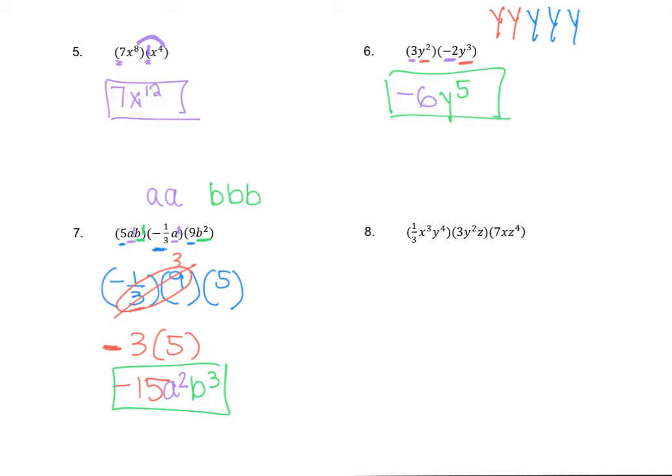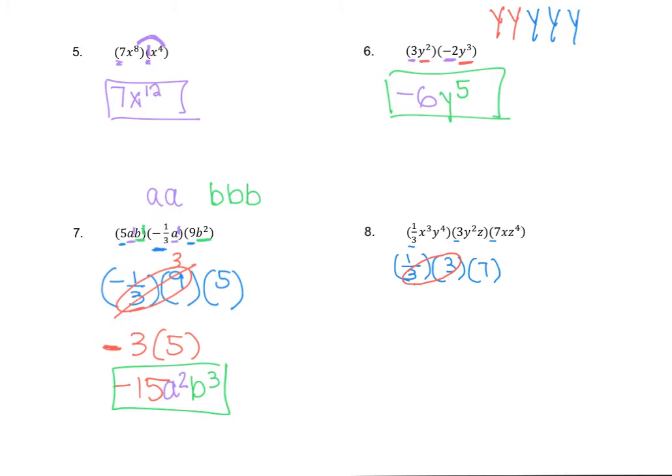All right, so let's look at number 8. First, I have to worry about my coefficients. So let's pull them down and worry about them first. I have 1/3, I have 3, and I have 7. Just worrying about all just my numbers. All right, well, again, using my trick from my live, I'm loving this.